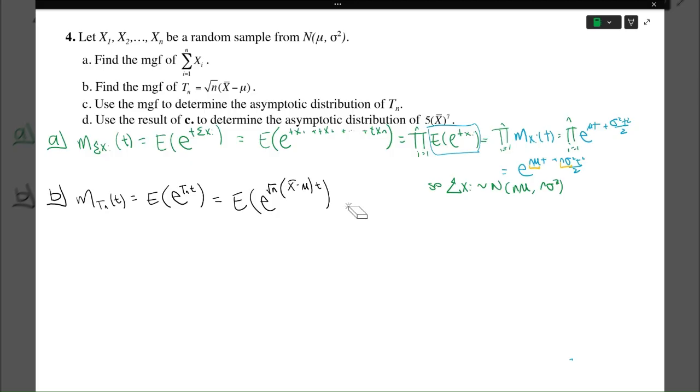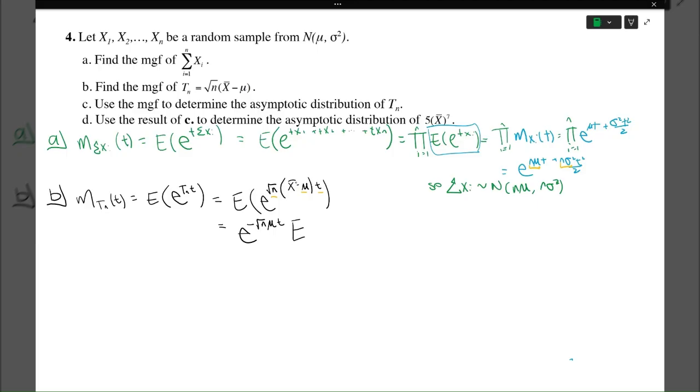Okay, from there, I'll rewrite this. Notice that we have e to the minus mu times t times radical n. Those are all constants that we can bring out. So we'll have e to the minus radical n mu t, right? There's nothing random there.